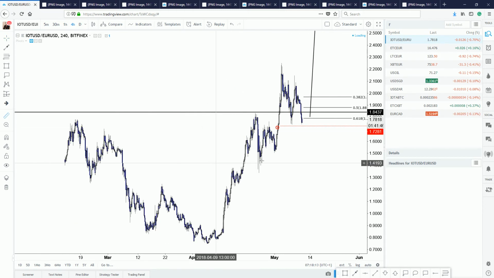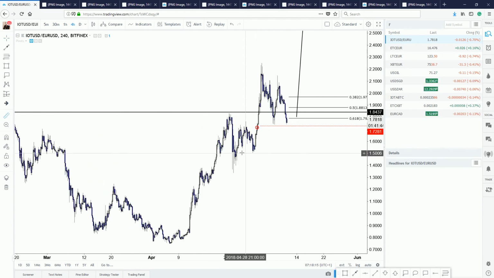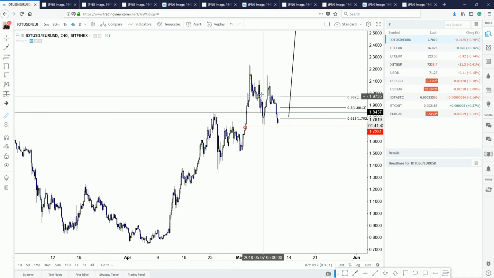My initial stop loss was down here, but I've been surprised. We had a very good move, and on this position I was up 20%, and I have about 40% of my money on this. So I was up about 8% on the portfolio on this move.